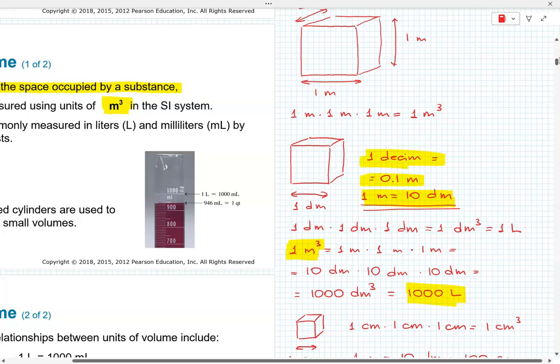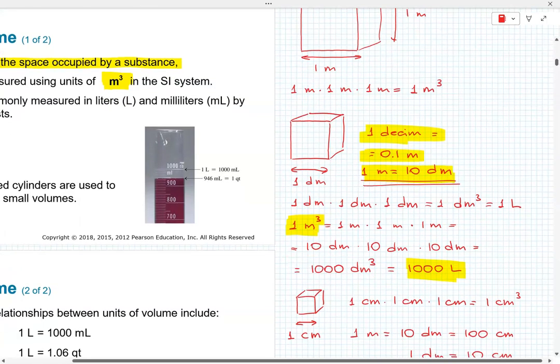So if I ask you, 1 cubic decimeter, what fraction of a cubic meter is that? You think, well, it's deci, it's got to be 1/10 as well, but it's not. It is 1,000th.